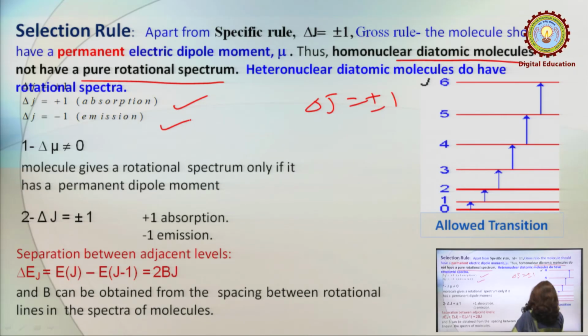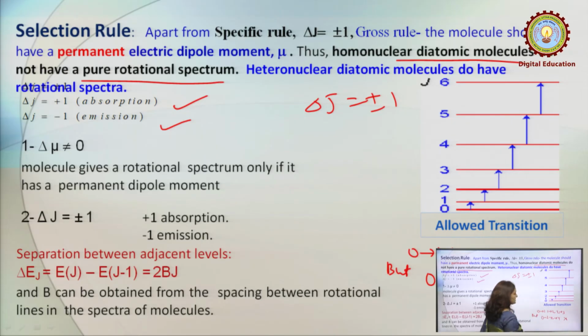It means transition takes place from 0 to 1, 1 to 2, 2 to 3, but not from 0 to 2 or 2 to 4. These are not possible. These are the allowed transitions.